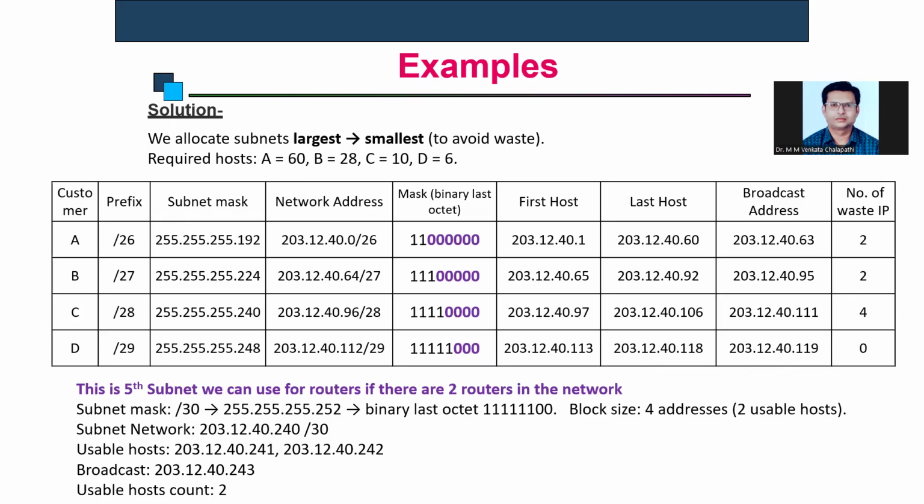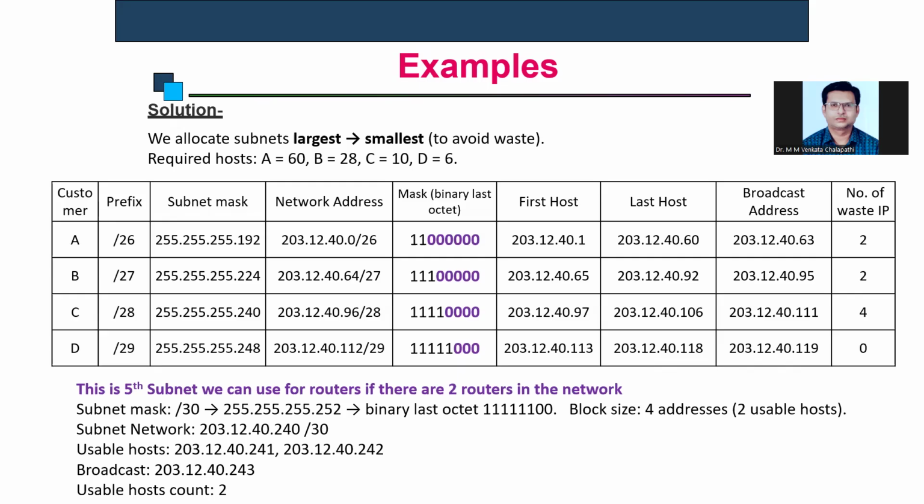The total IP address length is 32, so we subtract 6 from 32, which is equal to 26. That will be treated as the prefix for customer A.